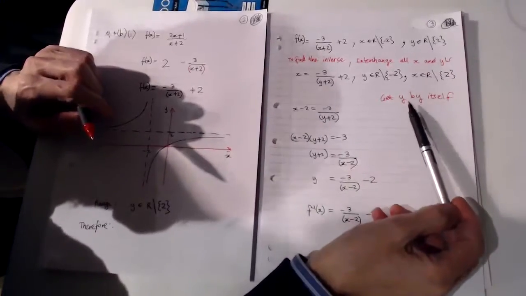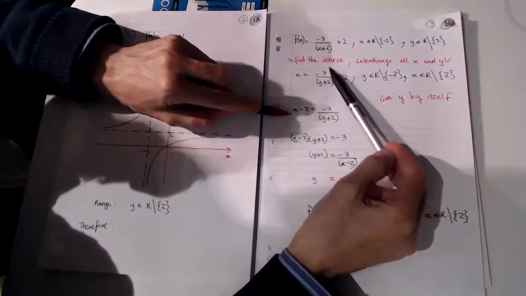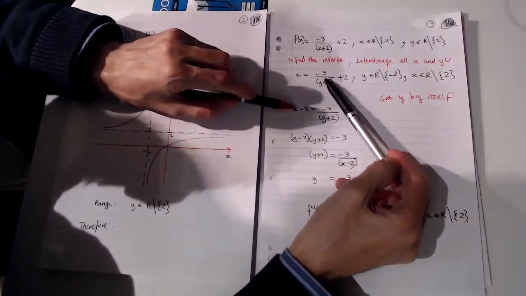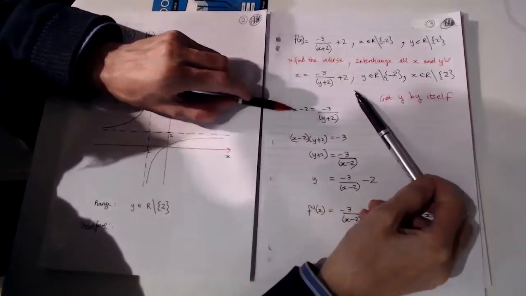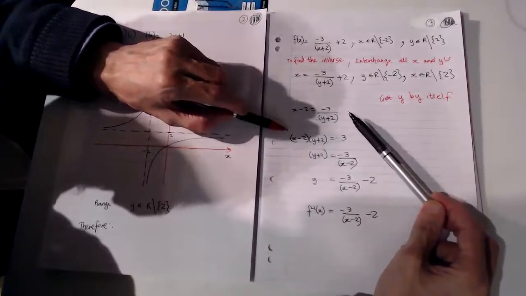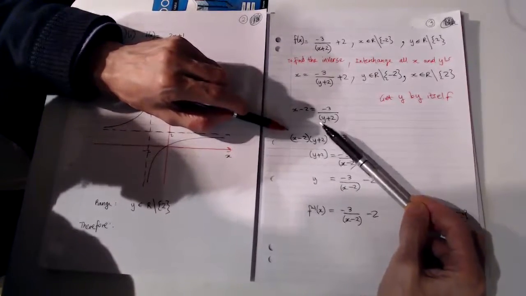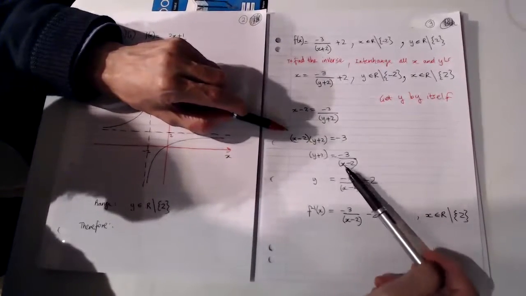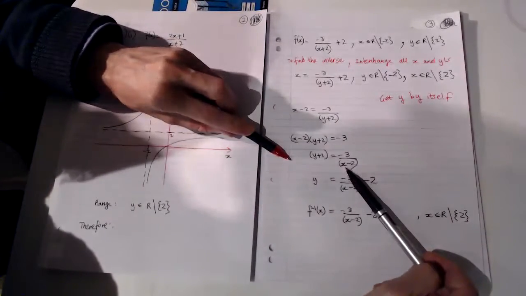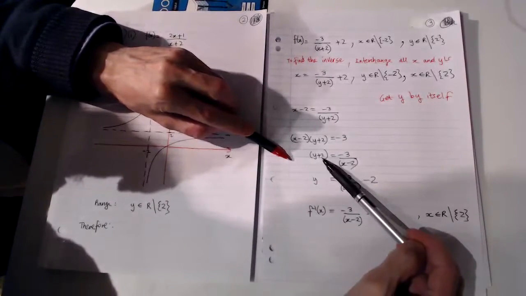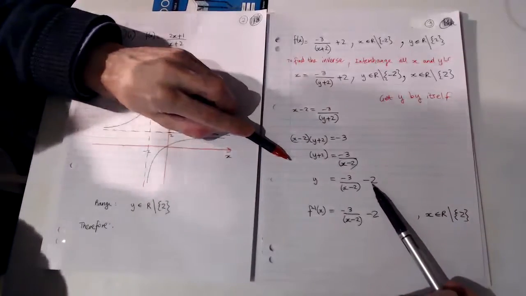Now, then you've got to get y by itself. So you put the 2 over there, and then you can multiply both sides by y plus 2, and then divide both sides by x minus 2, and then get y by itself by putting the plus 2 on the other side, which becomes minus 2.